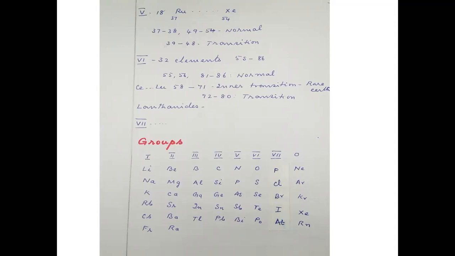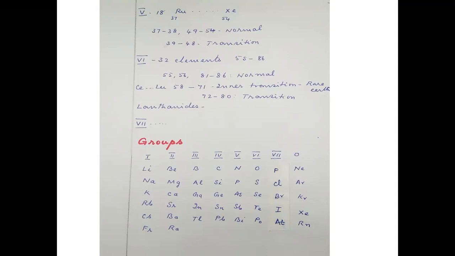That is where the F orbital has started filling up. In the sixth period, filling up of F orbital commences even before the D orbital itself. And after the D orbital, again P orbital is getting filled up.